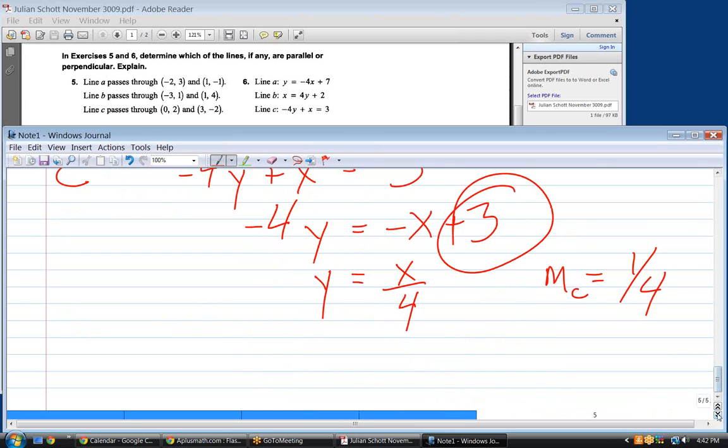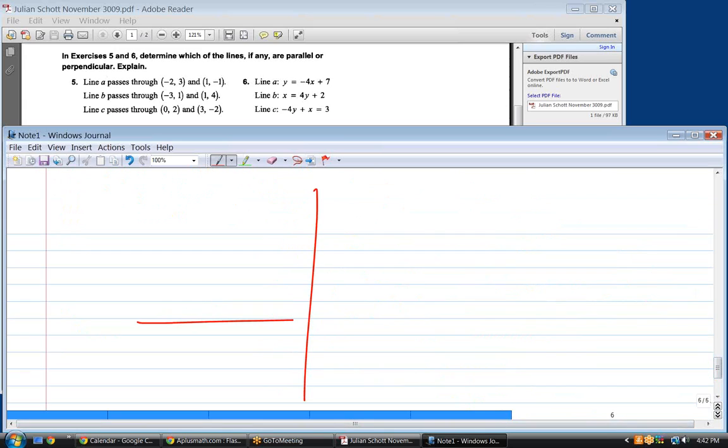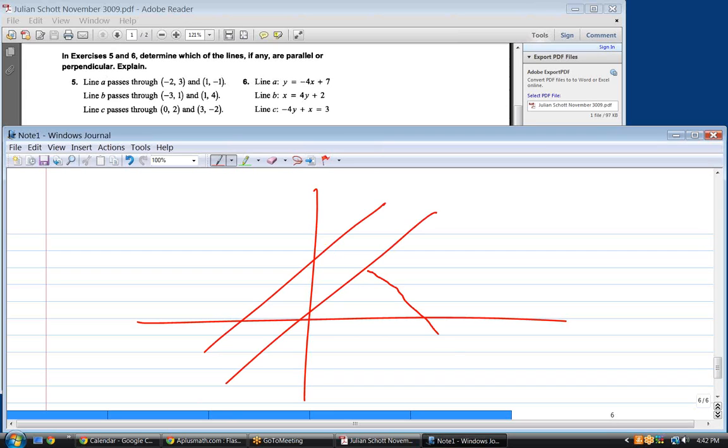Notice that if you have two parallel lines, and you have a line that's perpendicular to that one, well, that same line has to be perpendicular to the other one also. For the same reason, that this slope is the same as this slope, and this slope here is the negative reciprocal of the first one.